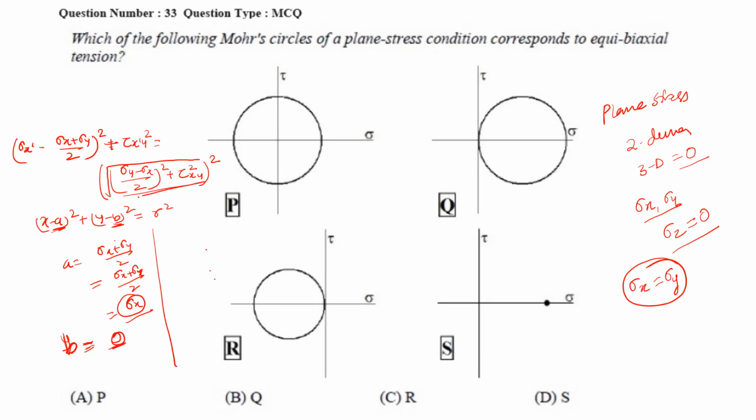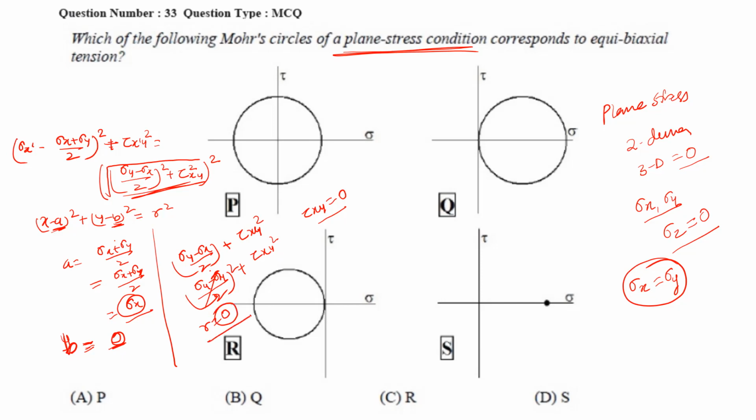So radius is nothing but this one, that means the square root of sigma y minus sigma x by 2 whole square plus tau x y whole square. Since sigma y is equal to sigma x, this term will be 0, and here tau x y is also 0 because it is a plane stress condition, so there is no shear stress acting. So the radius will be 0.